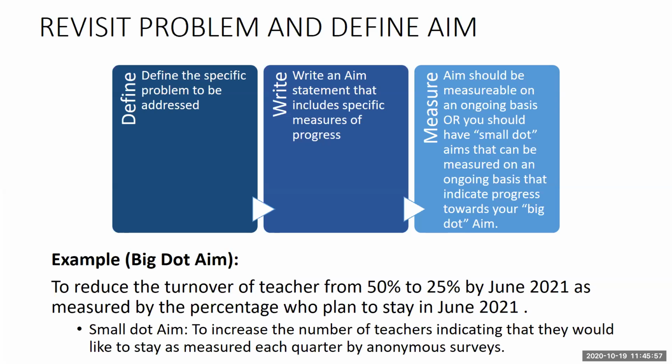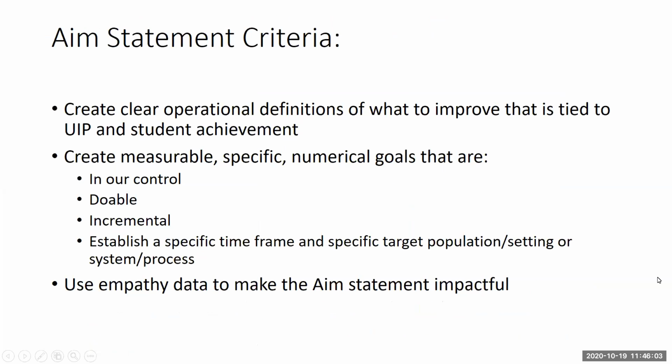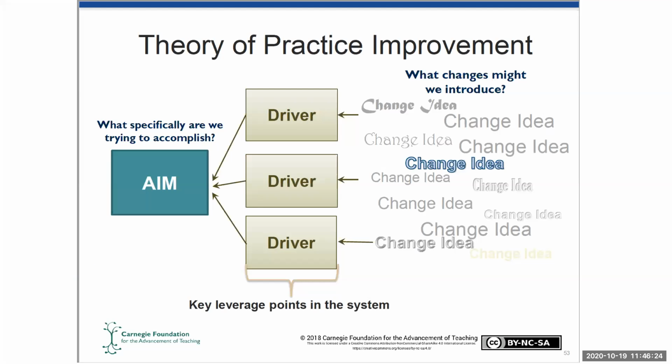So that could be school culture surveys or things like that. So what you're really trying to get to is a clear statement with operational definitions. It's measurable, specific, and it's in your control, it's doable, it's incremental, and you're going to lay out what that time frame and specific target population is. And always go back to that empathy data to make sure that the aim statement is impactful.